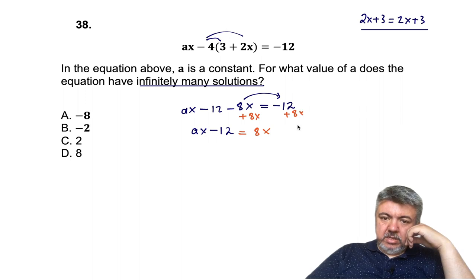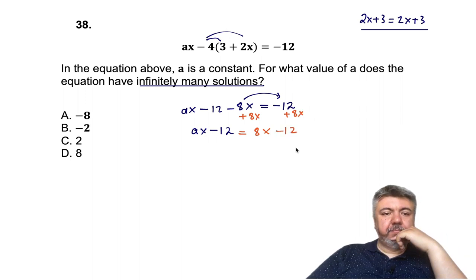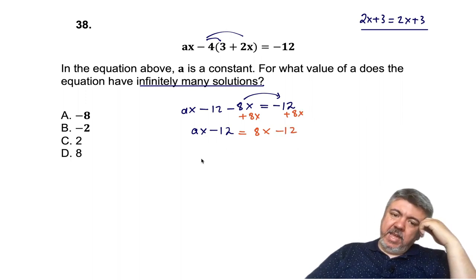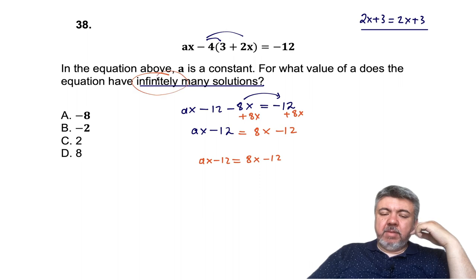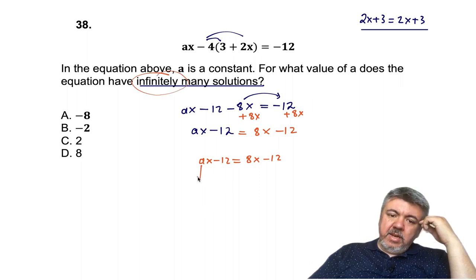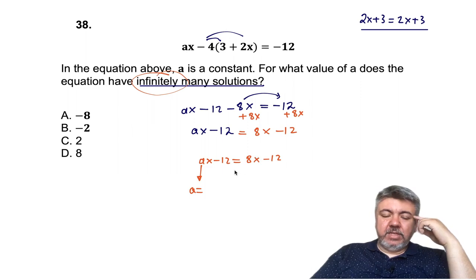8x minus 12. Okay, once again, ax minus 12 equals 8x minus 12. If it has infinitely many solutions, then a should be equal to the coefficient of this x. So that is 8.